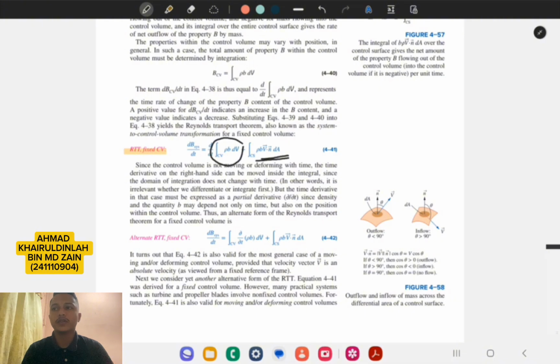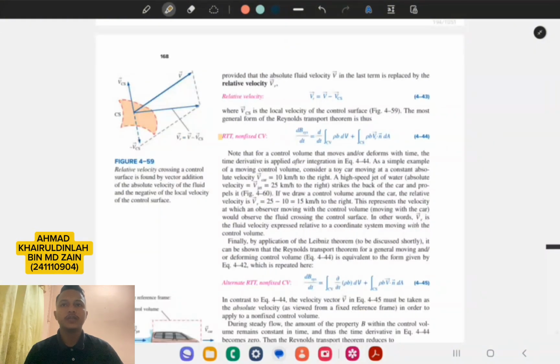For the second equation, the alternate RTT for a fixed CV, we change the differentiation and integration, since the control volume is fixed and the order of integration or differentiation does not matter, so these two are the same. For a non-fixed control volume, meaning moving or deforming, the RTT for a non-fixed CV equation will be like this.